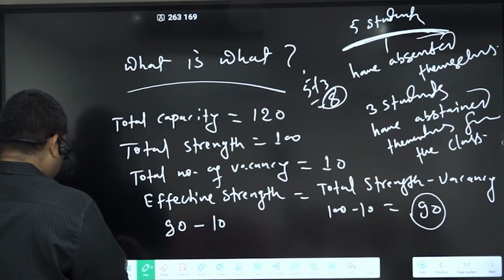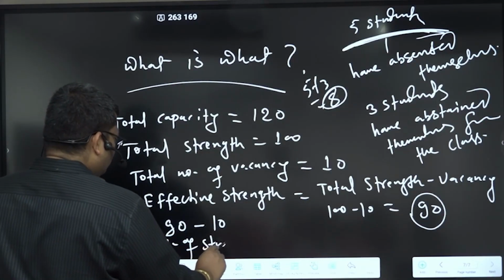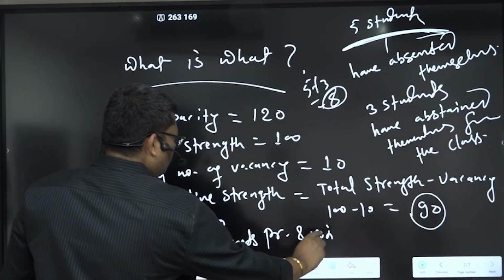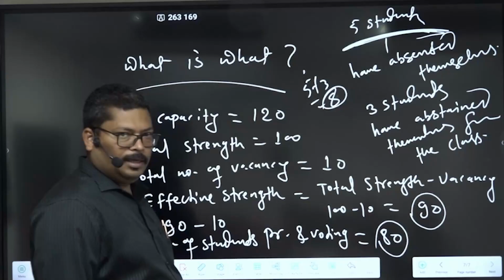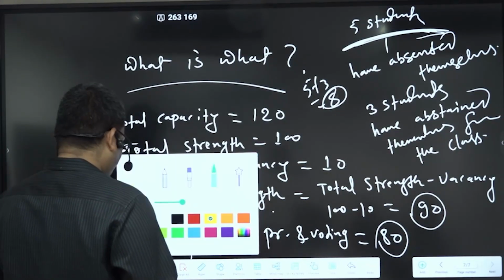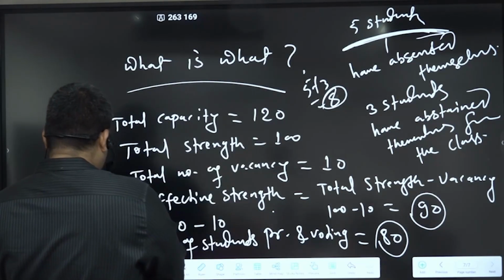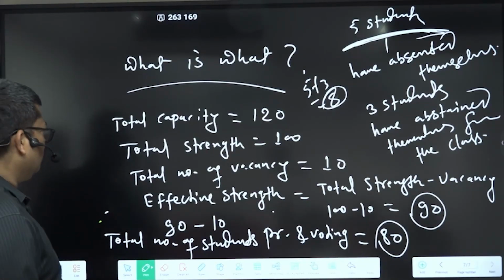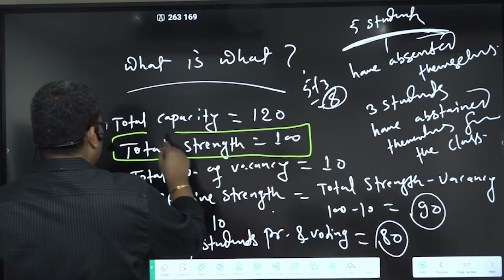So, total number of students present and voting is 80. Now, while finding out majority, this figure is employed, total strength.